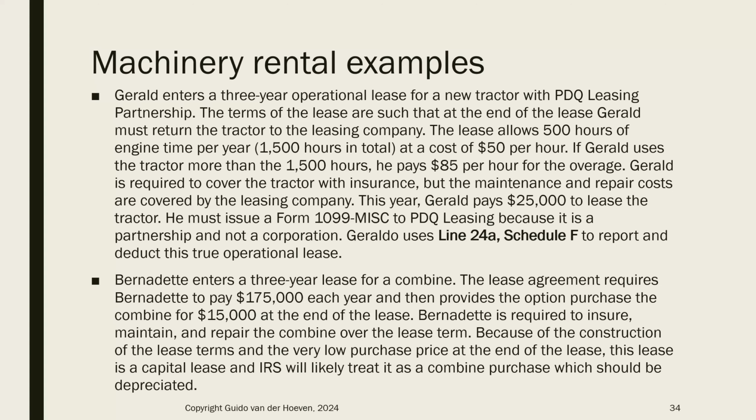It's maybe an over-the-top example for some of the folks on the call, but it just illustrates the principle. The first one is an operational lease. The second one is a capital lease. And because it's a capital lease, it should be treated as if it was a purchase and be depreciated appropriately.